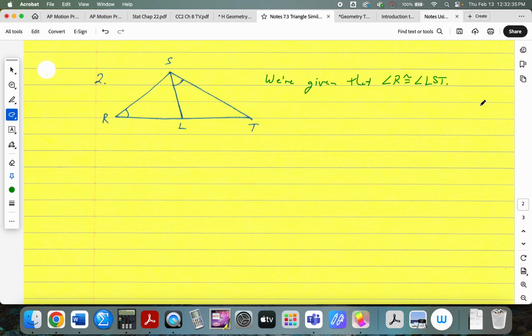And that's all that they gave us. There are no parallel lines, there are no angle bisectors. They didn't give us any sides. We know it can't be side-angle-side or side-side-side similarity. Somewhere we've got to find another pair of angles that we know are going to be congruent to one another.